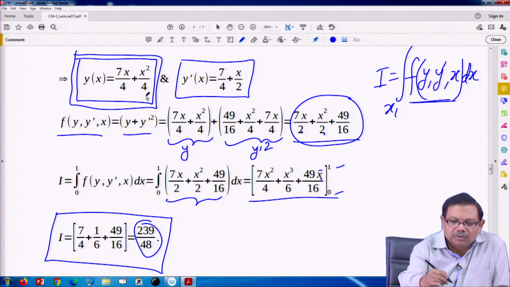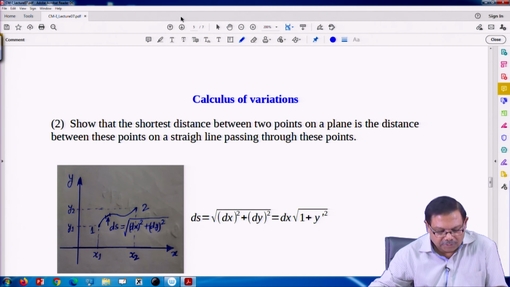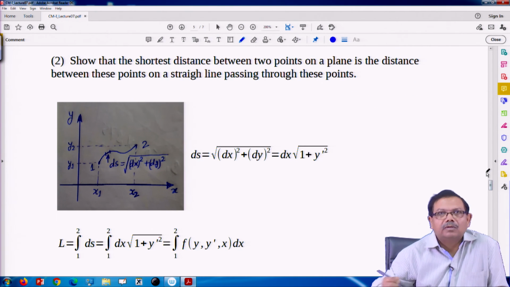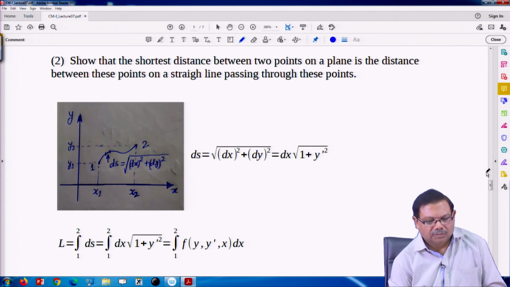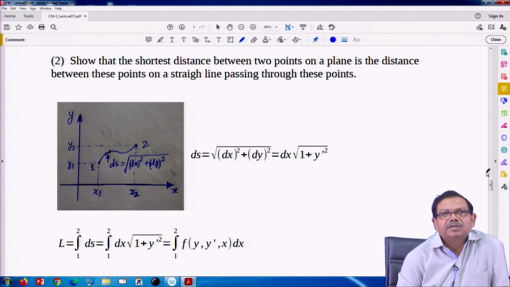Okay. So, now we will go to some other example, one that you are familiar with throughout. The minimum distance, or the shortest distance, between 2 points in a plane. So, what is that?